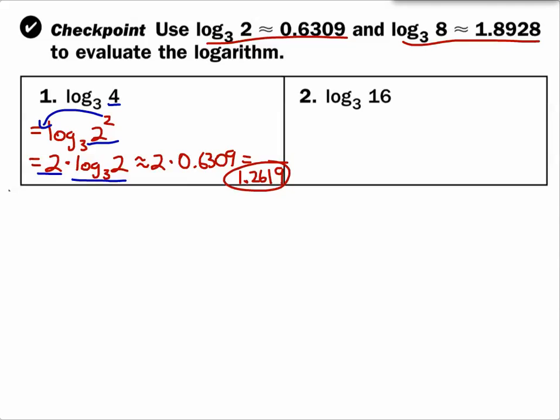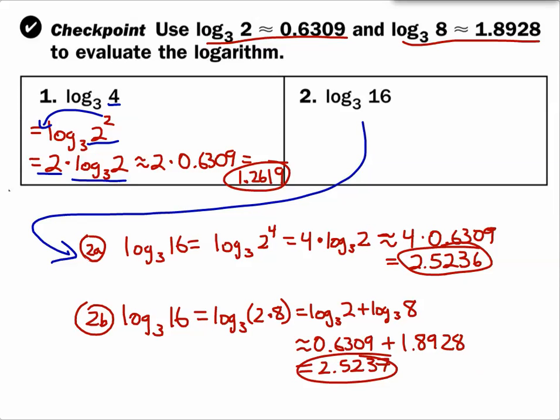If you haven't, take a moment to try to give yourself a chance to do number 2 on your own. This one actually can be done 2 ways using the information in the problem. I will do it both of the ways. So give it a try. Okay, so I wrote it out both ways. You've got what I called 2A and 2B. I did 2A first.